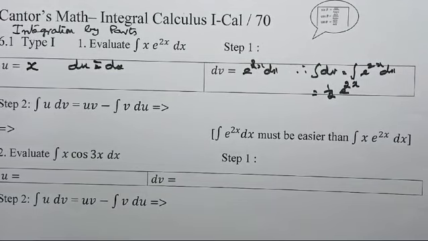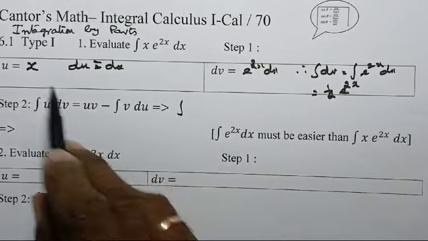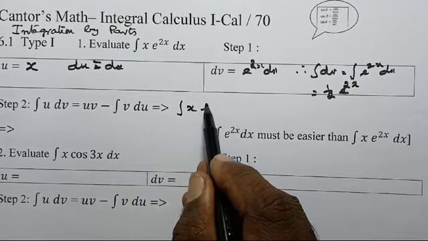Step 2: the standard formula, integral u dv equals uv minus integral v du. Here u is x and dv is e^(2x) dx.